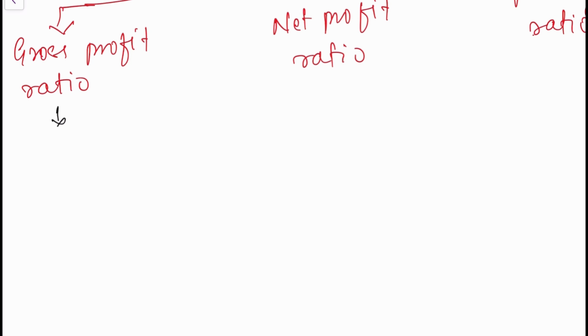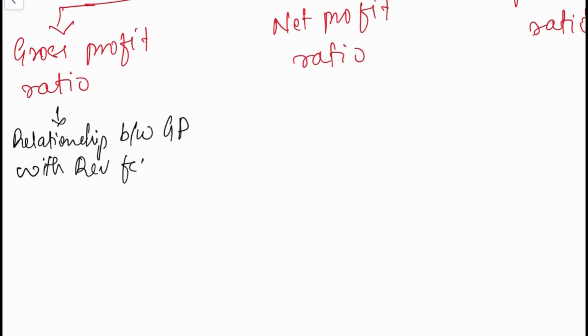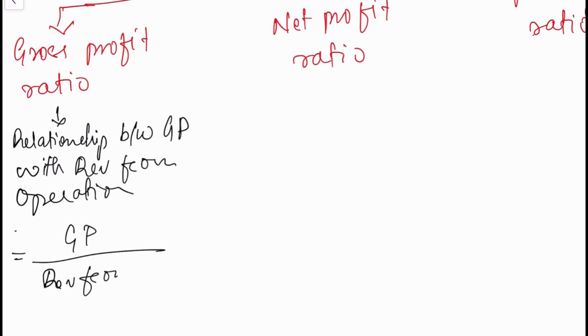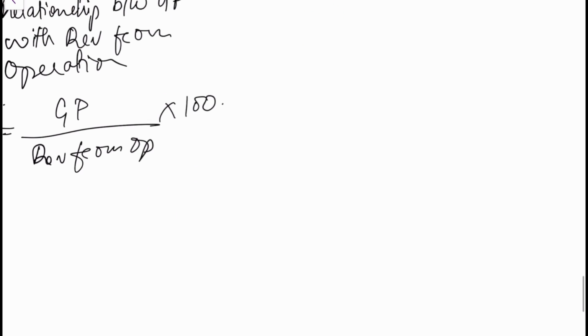Gross profit ratio shows the relationship between gross profit with revenue from operation. Therefore, the formula is gross profit divided by revenue from operation into 100. This is the formula.